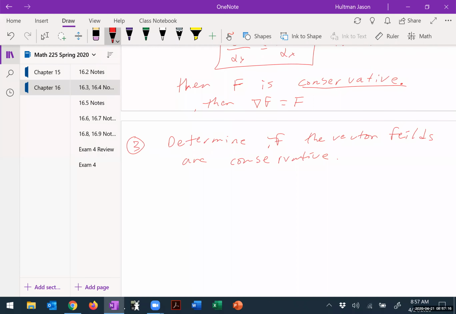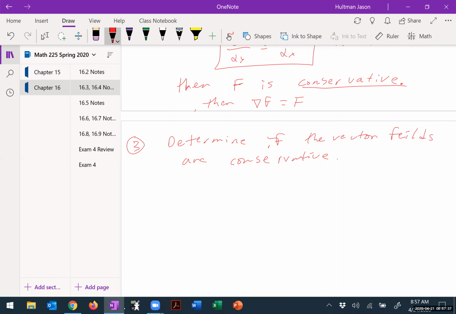Then there exists an f such that del f equals F. That means there is a parent function that exists, and we can use the fundamental theorem of line integrals.